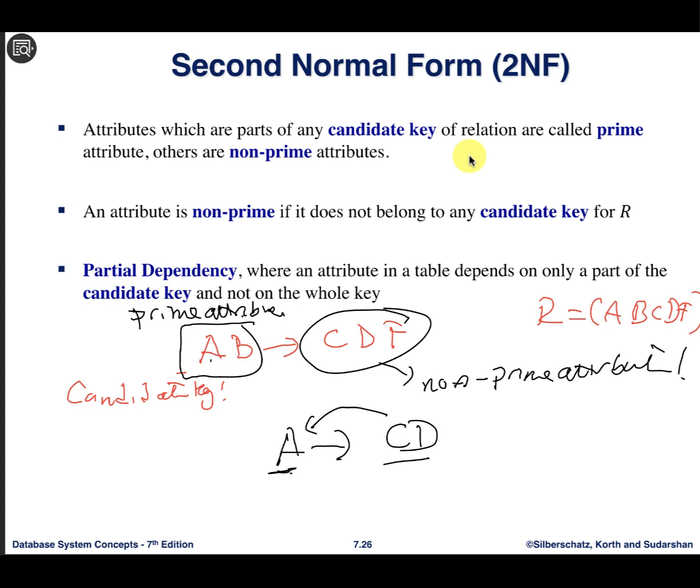A is a part of the key, not the entire key. If any non-prime attribute depends only on a part of the key, not the entire key, we call this partial dependency. We don't like this one, and I'm going to show you why.